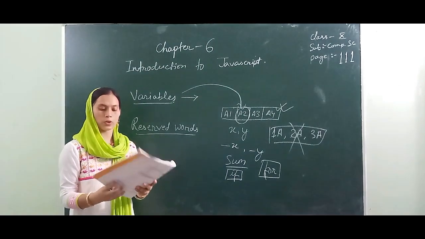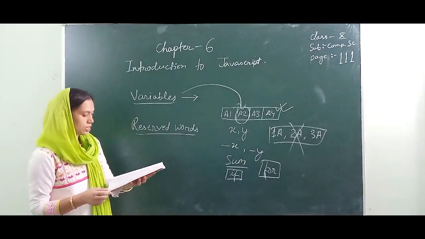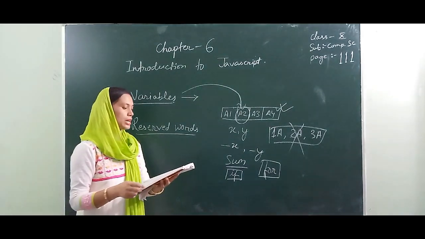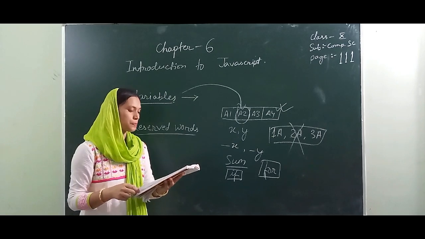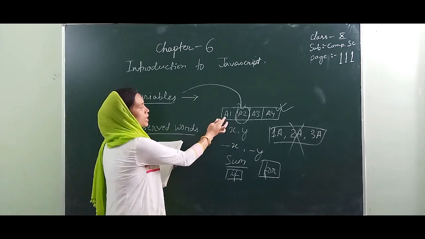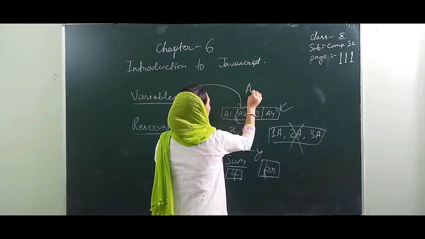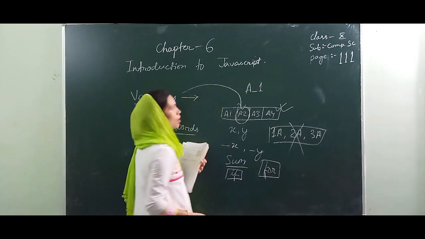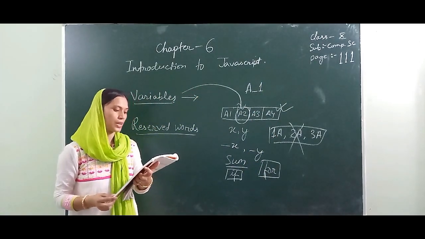Reserved words you have already learned in class 9, in C or C++. So a reserved word cannot be used as the name of a variable. And you cannot have a space in a variable name. While writing the variable name, you cannot include any space. If you want a space, then you can use an underscore, like A_1. In this manner, you can write the name of a variable.